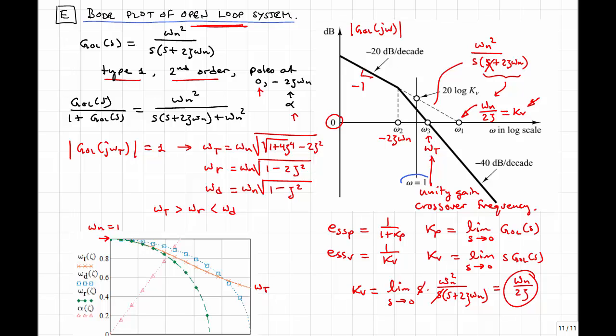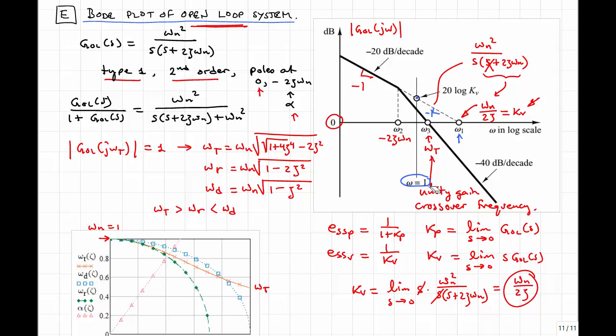This frequency here is simply indicating that if omega 1 is equal to kV, and this slope here is a slope of -1, then at an omega equal to 1, we would actually have a magnitude that is equal to kV, or 20 log of kV.